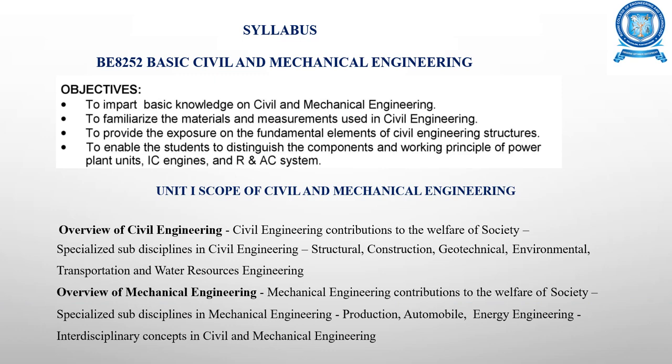And the second objective is to familiarize the materials and measurements used in civil engineering, and to provide the exposure on the fundamental elements of civil engineering structures, and to enable the students to distinguish the components and working principle of power plant units, internal combustion engines, and refrigeration and air conditioning system.